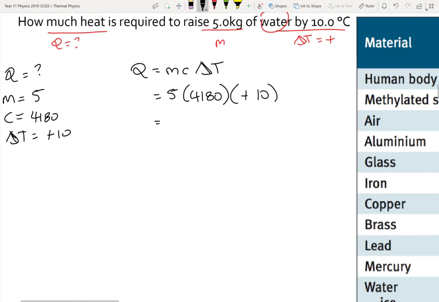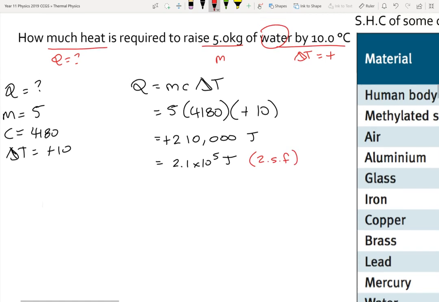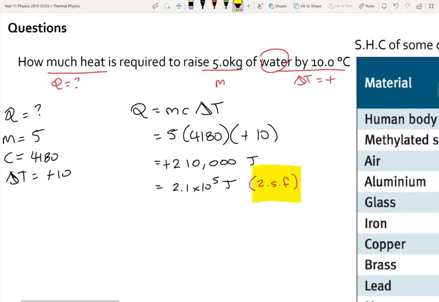No, but just the full number, the whole number. 210,000. Okay. In fact, that is to 2 sig fig. 2.1 times 10 to the 5 joules, and I'll just write in the bracket here 2 sig fig, because we were given a number to 2 sig fig.